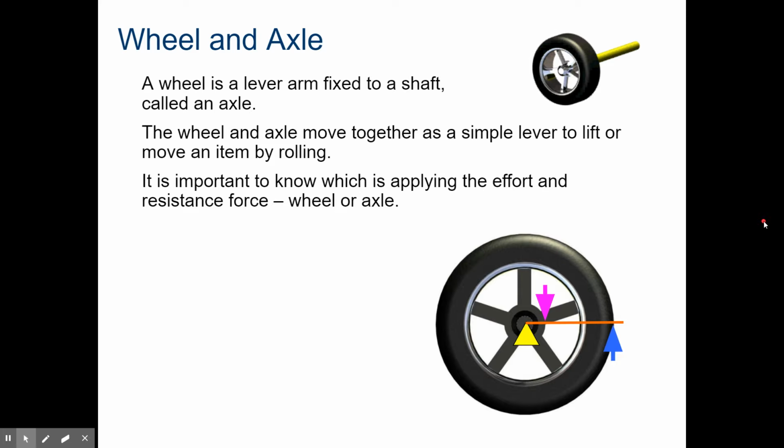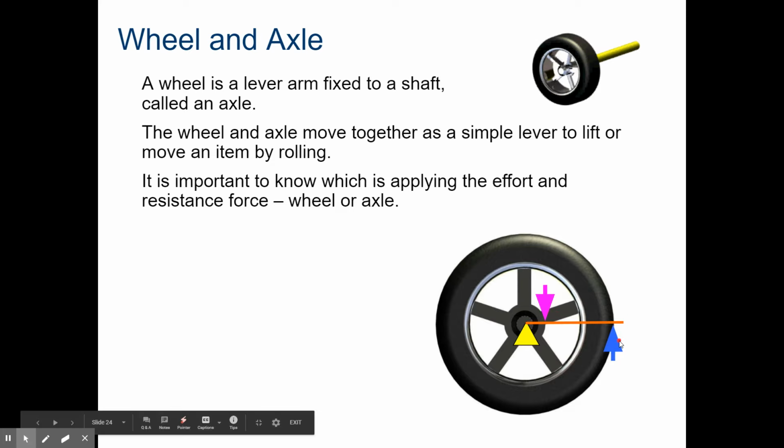All right, wheel and axle. You probably got here today on a wheel and axle. A wheel is really just a lever arm fixed to a shaft called an axle. It's a form of a lever. As you can see here, the fulcrum is here, we have the effort here and the resistance here.